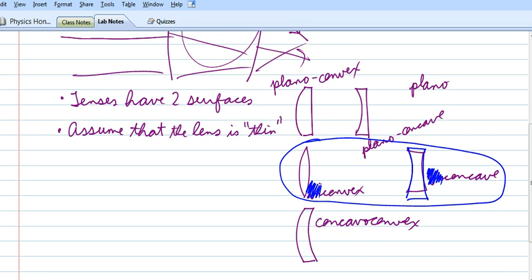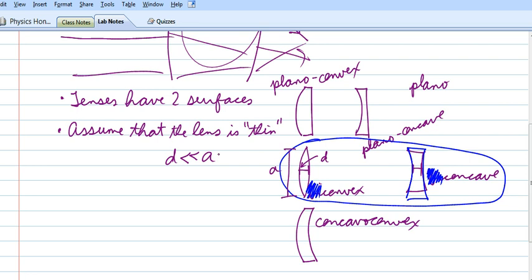What we mean is that the actual thickness of the lens in the center is pretty small compared to the height of the lens. If we say that it's got a diameter of D and some height of A, we just want to say that D is pretty small compared to A.